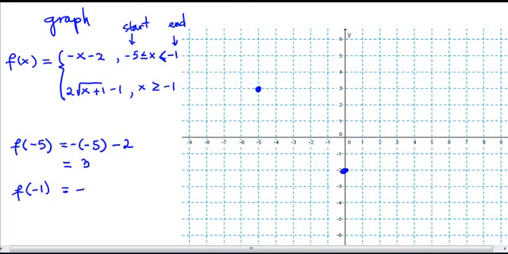So we put -1 inside here, so I have minus (-1) minus 2. Minus negative is plus, so I got -1. So when x equals -1, y is -1 right there, to see the graph go this direction.